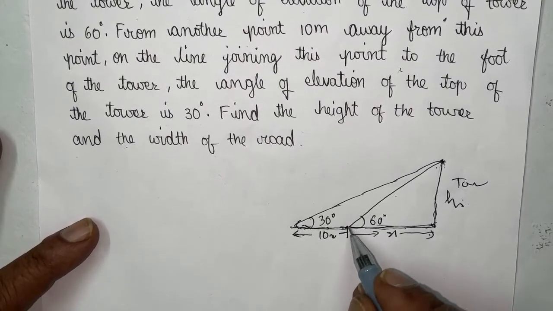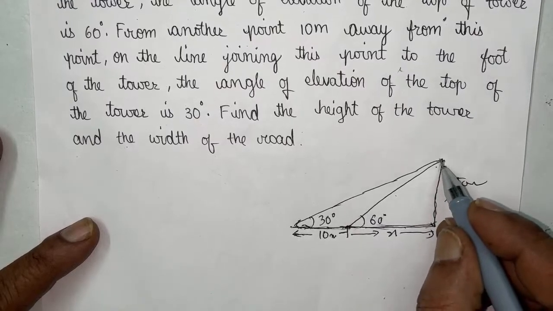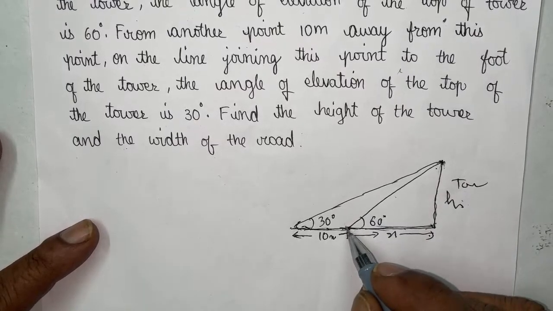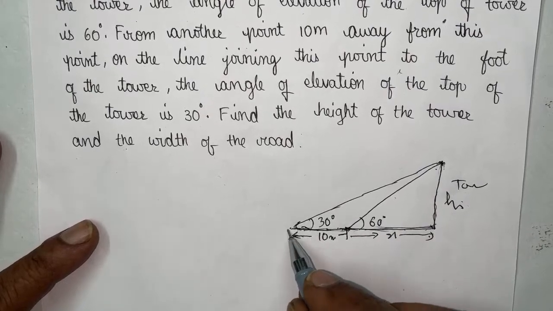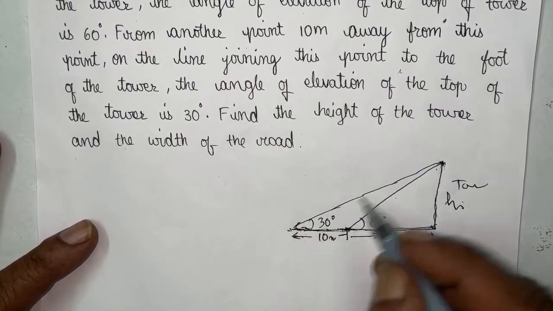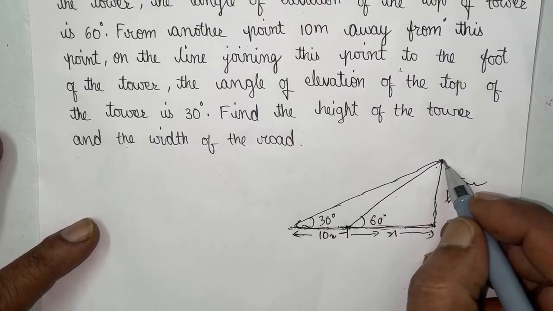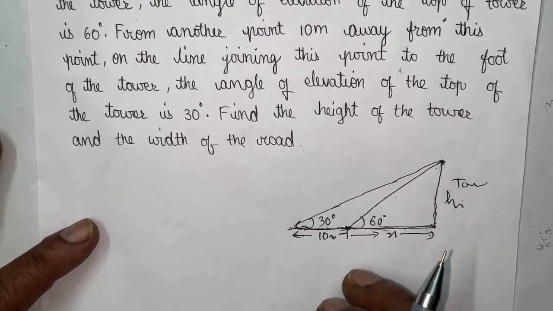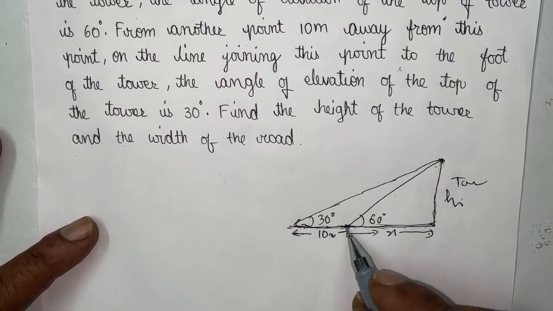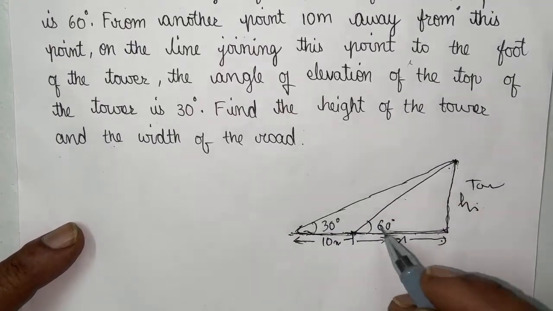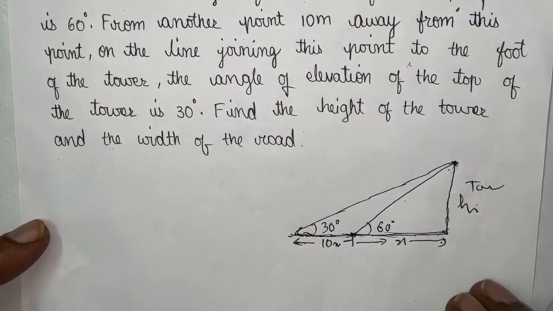The observer observes the top of the tower at an angle of 60 degrees, walks 10 meters away, and again observes the top of the tower. That means he observes the top of the tower two times: the first time making a 60 degrees angle, the second time making a 30 degrees angle.